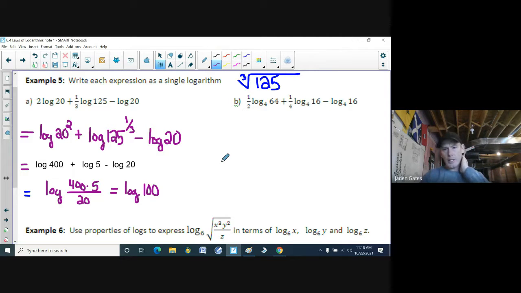Okay, let's try B. I'm going to do the same method here. We have a half in front of this log, a quarter in front of this log, and nothing in front of this one. They all have a base of 4, though.